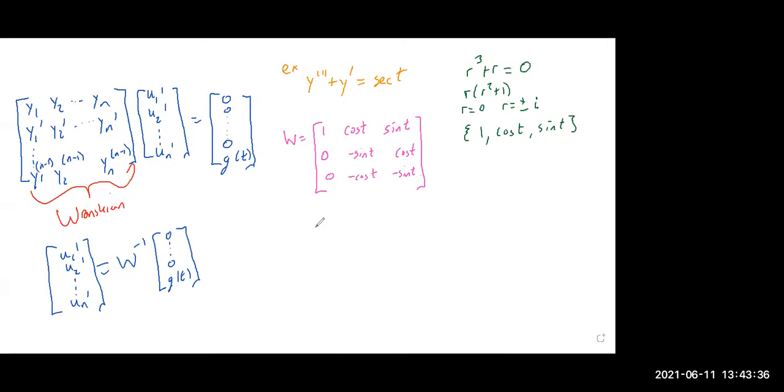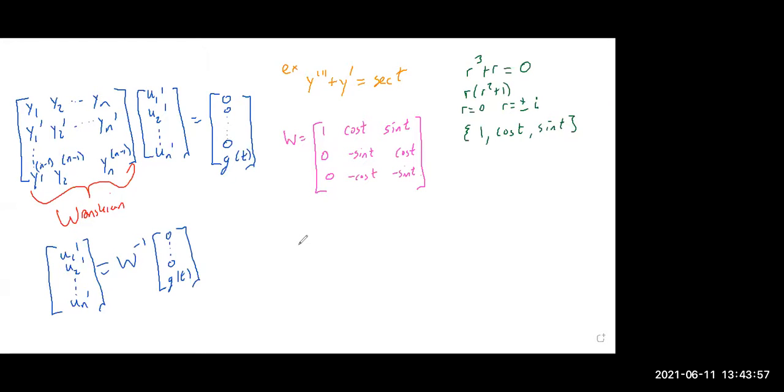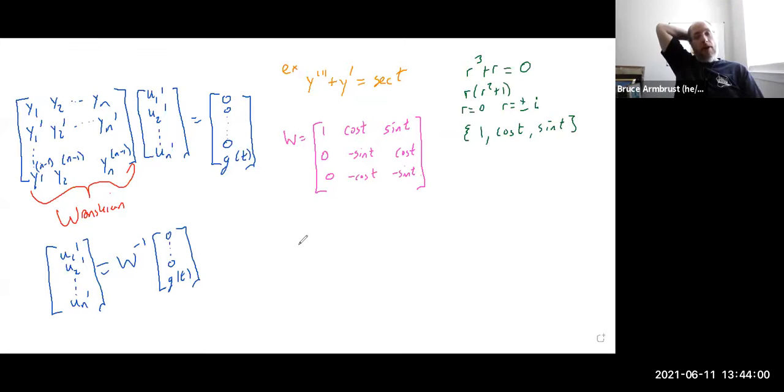I have a question. Yeah, go for it. I'm just curious because we got a matrix full of functions and constants, and I'm thinking about this in a linear algebra aspect. Are functions vectors themselves? They can be. You can have a vector space whose elements are functions.